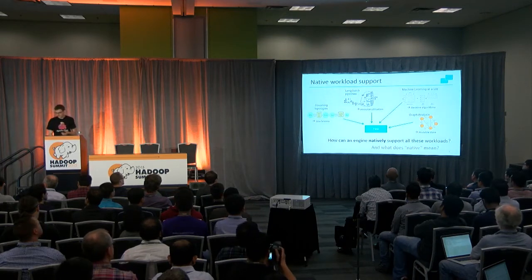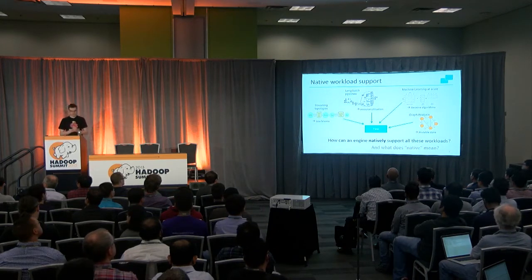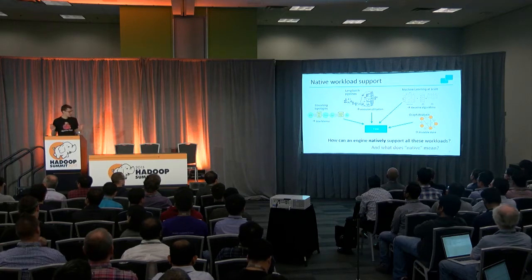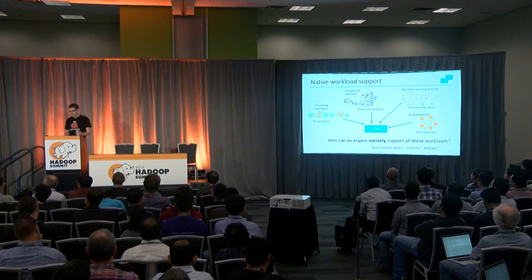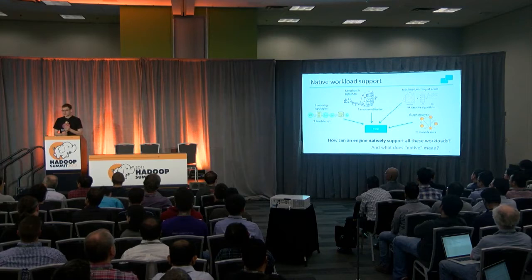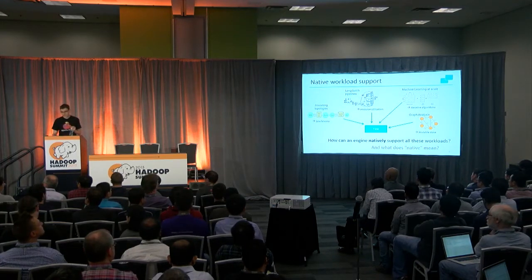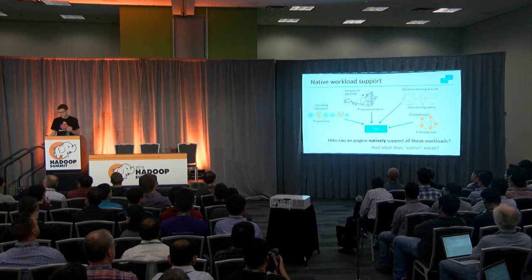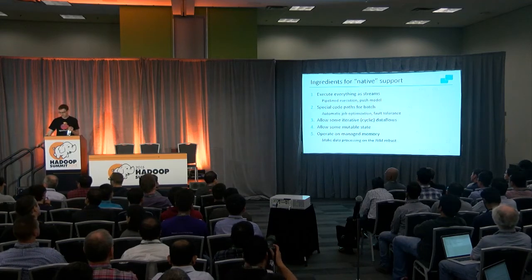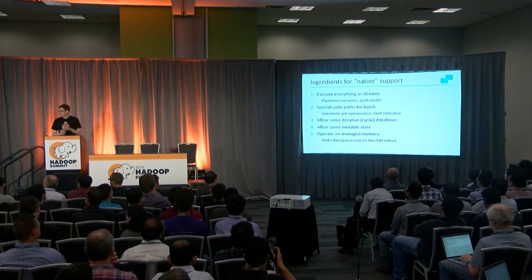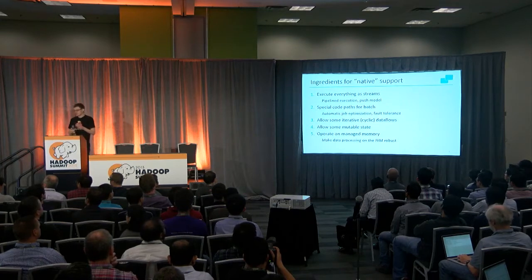And now there's obviously the question, how can an engine support all these different workloads in one engine? And for that, we have 5 cornerstones in our system. The first is that we execute everything as streams.